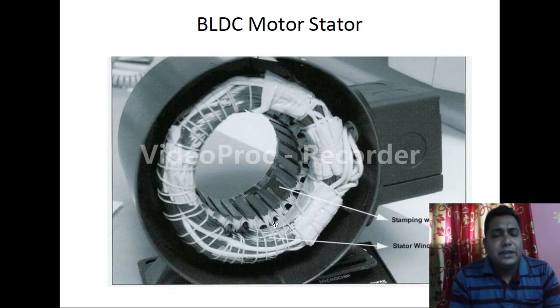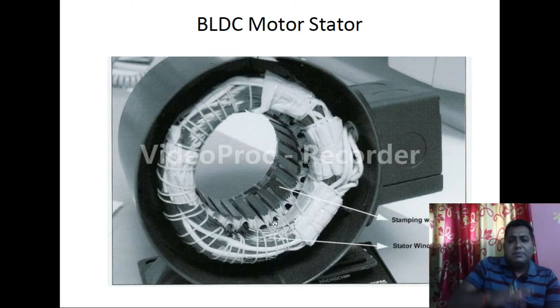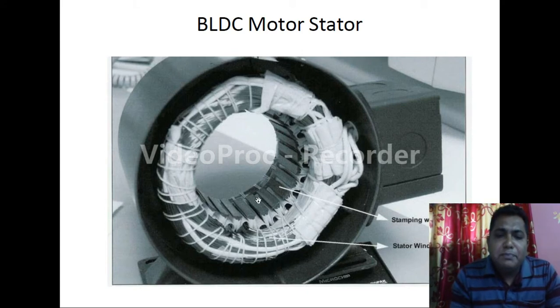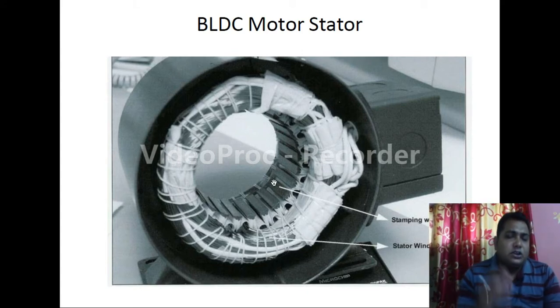Vertex paper we actually use here as the insulation paper, and in between the insulation paper we have the slot windings. These are the inner periphery stator slots we have in this case.